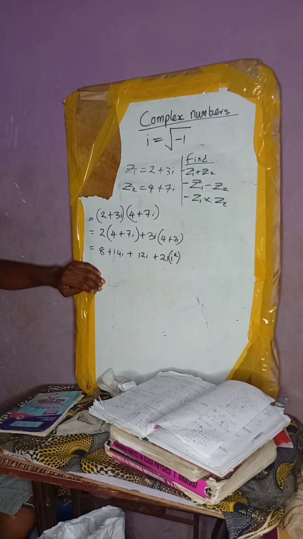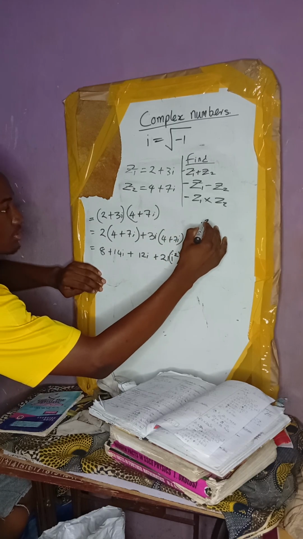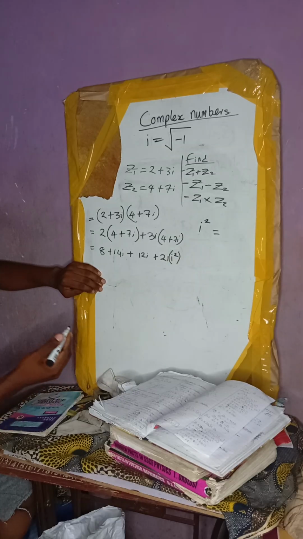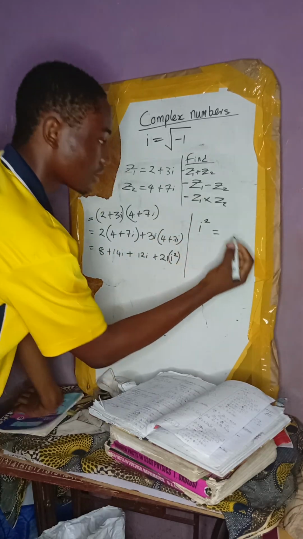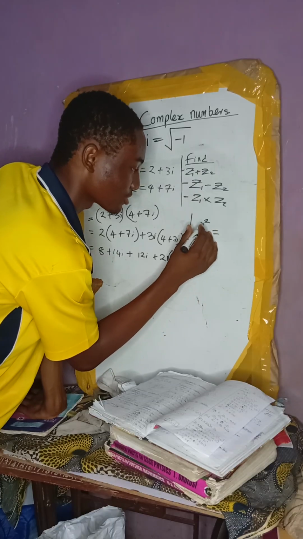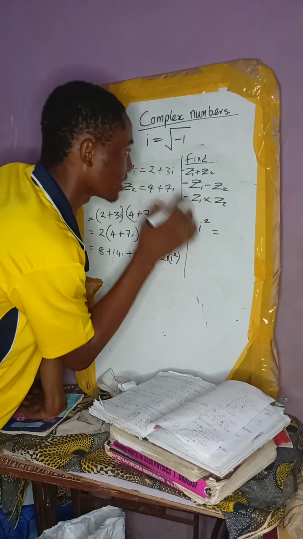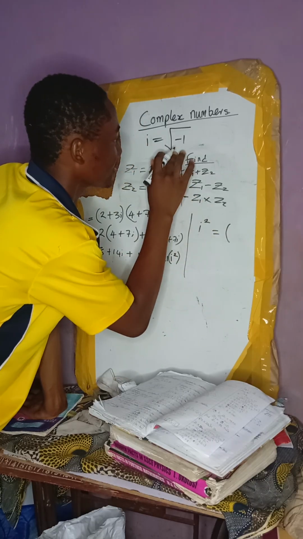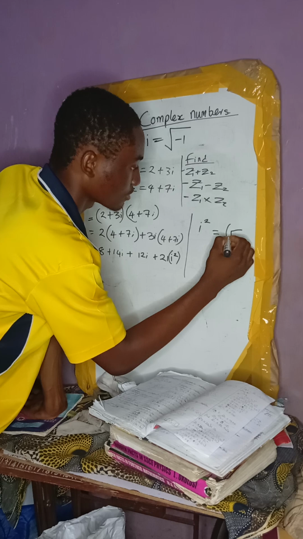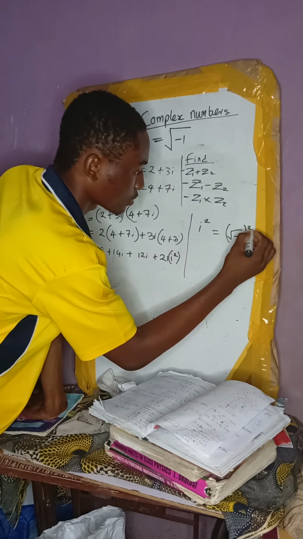Now remember what I told you. What is i raised to power 2? Let's resolve it first. Since the power is even, we can just bring back this, so we'll replace our i with root of negative 1 squared.